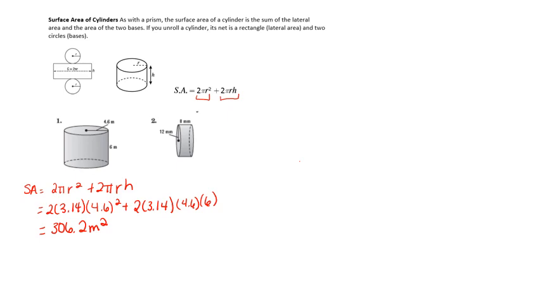All right, let's look at number 2. We're going to do 2 times pi times r squared. The radius is 12, plus 2 times pi times the radius times the height. Remember, the height is just the distance between your two bases.